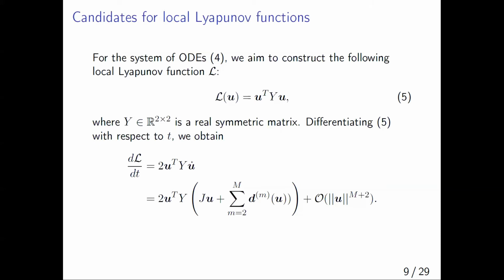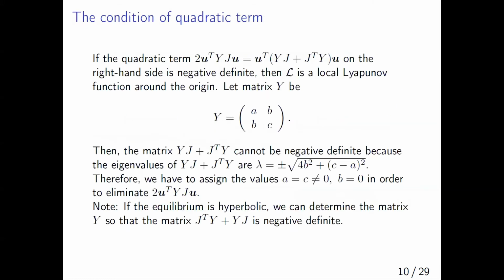Differentiating equation 5 with respect to time t, we obtain this equation. If the quadratic term on the right-hand side is negative definite, then calligraphy L is a local Lyapunov function around the origin.